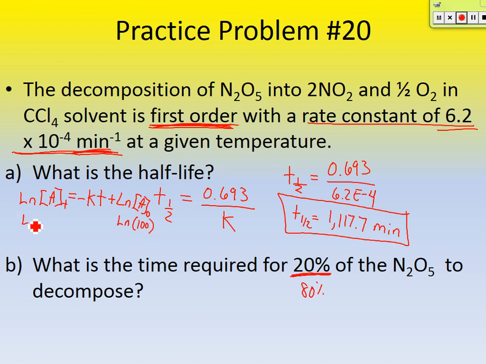What should the natural log of our concentration final be? 80, because we still have 80% left. So I'm just setting up percentage-wise what's going to happen. Now we've got a minus k. Our rate constant was 6.2 e to the minus 4. And we don't know time, so I'm just going to keep it as t.